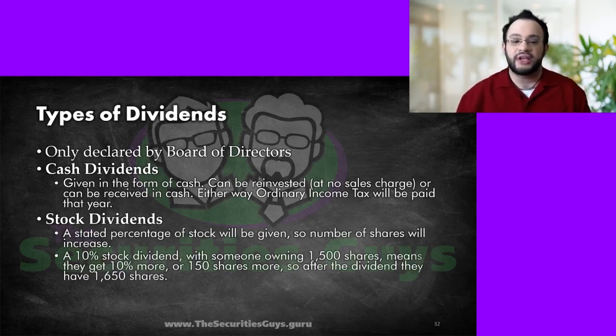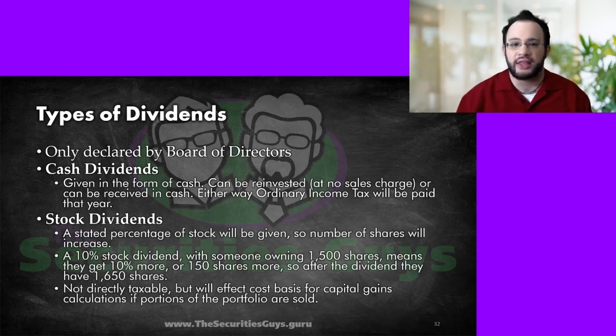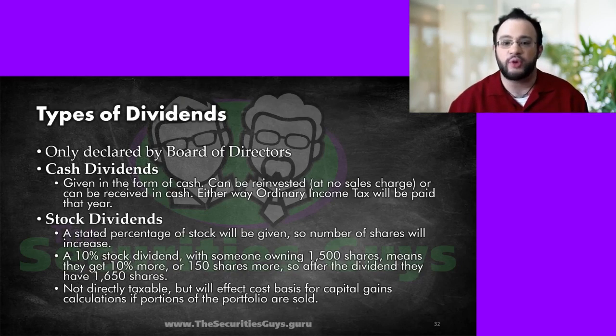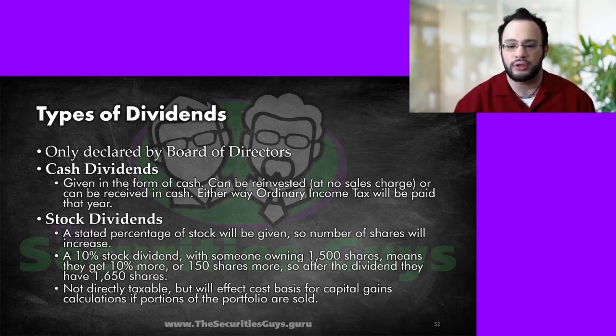Stock dividends is a stated percentage of stock that will be given. So the number of shares will increase. A 10% stock dividend with someone who owns 1,500 shares means that they get 10% more, or 150 shares more. So after the dividend, they would have 1,650 shares.